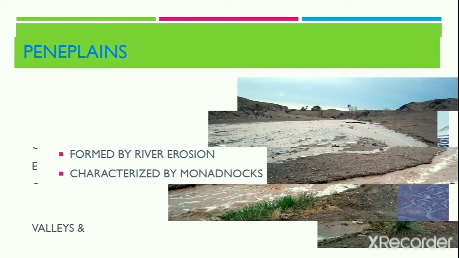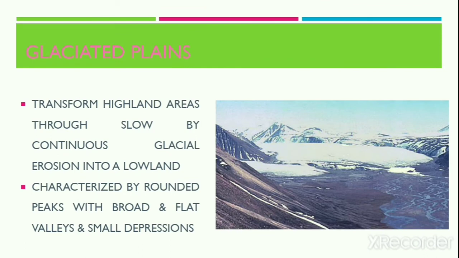The glaciated plains transform highland areas through their slow but continued erosive work into lowlands with a flat surface, and also with sufficiently low relief of rounded shape.